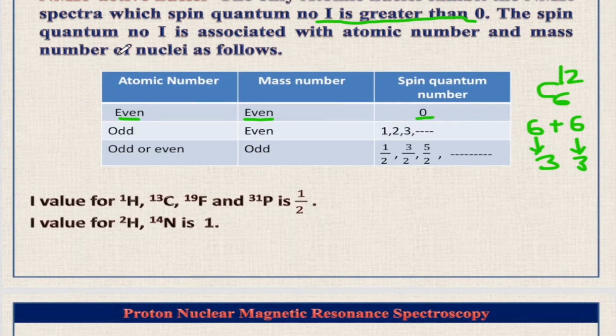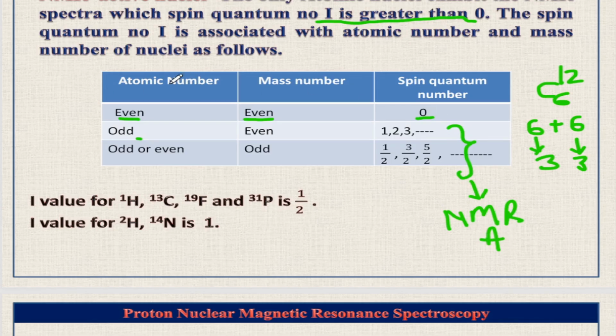When the atomic nuclei have an odd atomic number and even mass number, their nuclear spin quantum number may be 1, 2, 3, etc. And when the atomic nuclei have an odd or even atomic number and odd mass number, the I value is half, 3 by 2, 5 by 2, etc. In both these conditions, these types of atomic nuclei are NMR active.